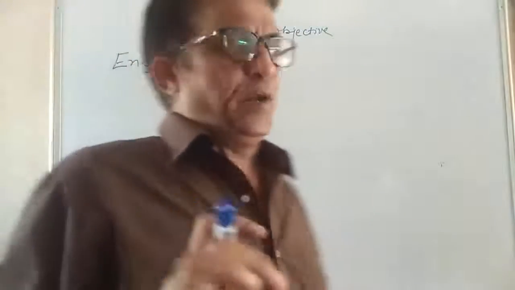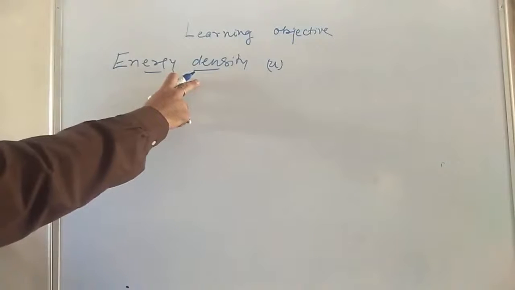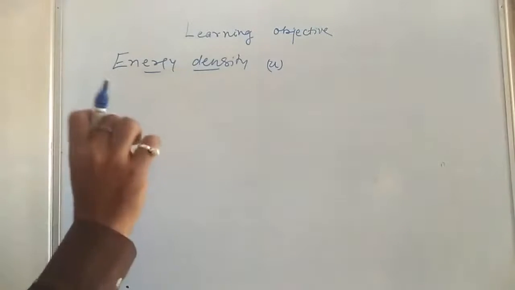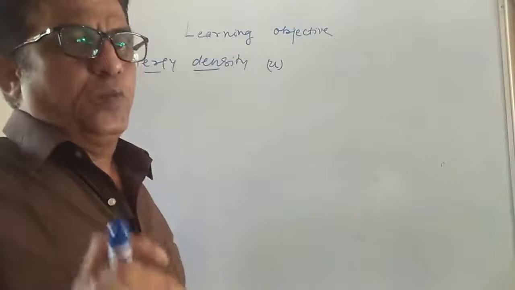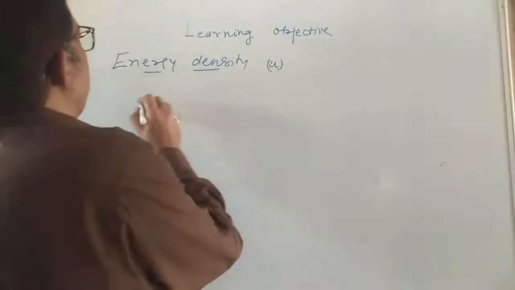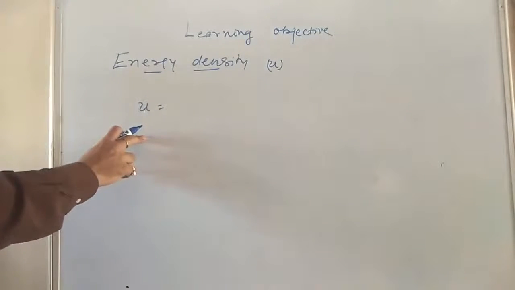Energy density of a parallel plate capacitor is defined as the total energy per unit volume. Total energy per unit volume of a condenser. So this is reported as total energy divided by volume.